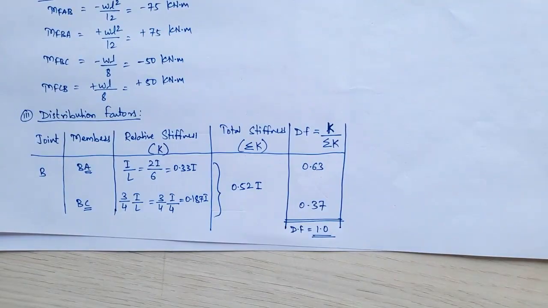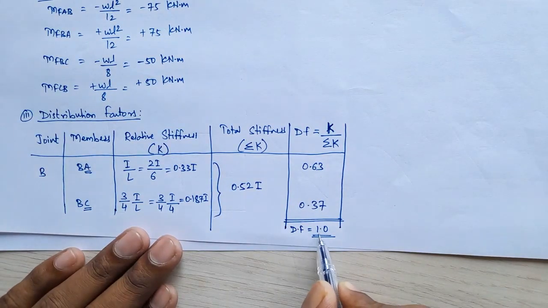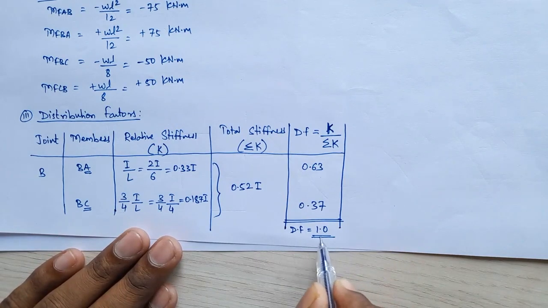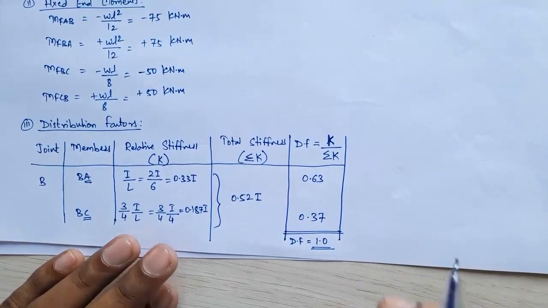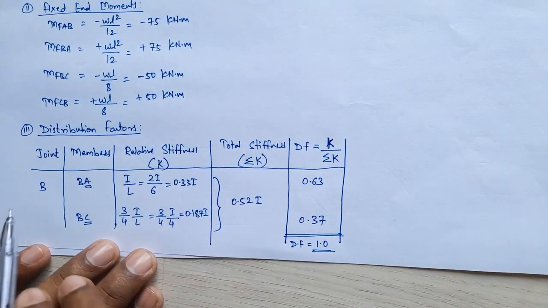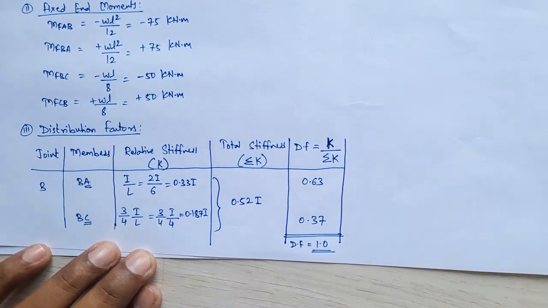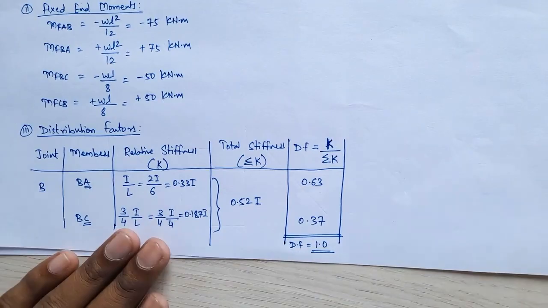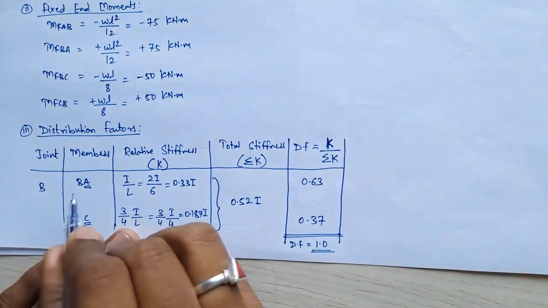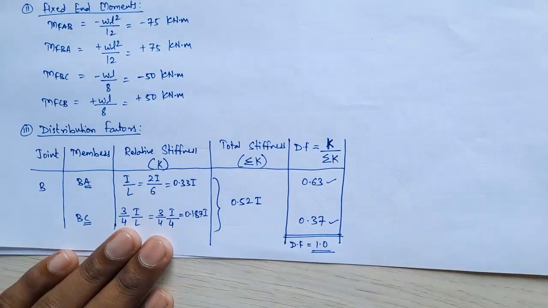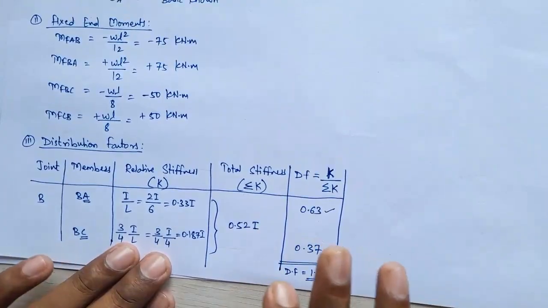Plus minus 0.01 you may get over there, maybe 0.99 or 1.01. That is acceptable, you can write that as 1. So always remember the DF for a particular joint will be equal to 1 regardless of how many members are meeting there. Okay, so I hope you are understanding this concept. So distribution factor for BA I am getting 0.63, and for BC I am getting 0.37.